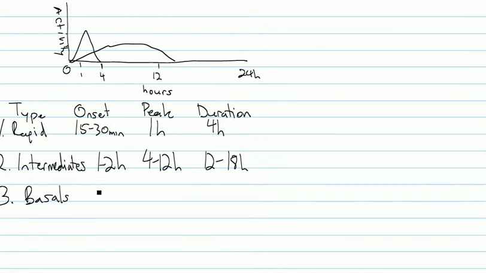Those are things like Lantus and Detemir, and they'll start working 1 to 2 hours after you take them. And what's neat about them is they have no peak at all. So you'll take it, they'll start working in 1 to 2 hours, and then they'll stay working at a constant rate for the rest of the day.